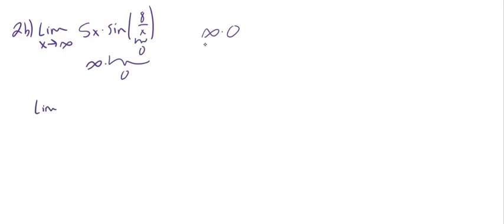This is the limit as x goes to infinity of, I'm going to write a fraction bar. I'm going to leave the sine of 8 over x in the top. I'm also going to leave the 5 in the top. And then I'm going to take this x right here and do a 1 over operation on it.